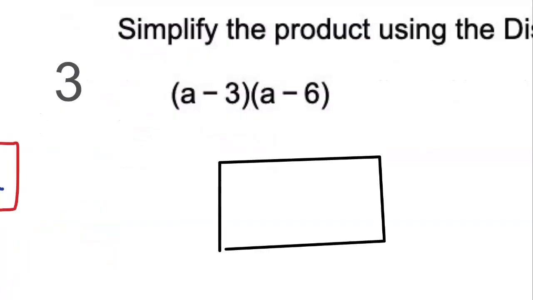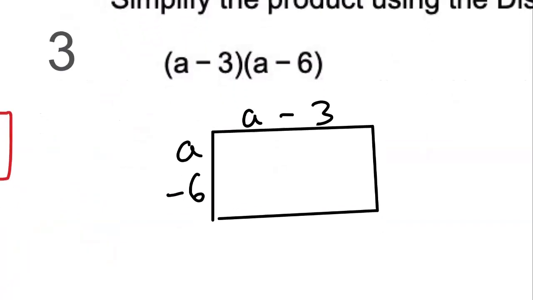You could put the terms in any direction, on the top or on the left-hand side, but I always put the left-hand one on the top. So a minus 3, and then on the left you write a minus 6. They're interchangeable; it doesn't matter which goes first, you'll still get the same answer. This is going to be a 2 by 2 because there are 2 terms in both of them.